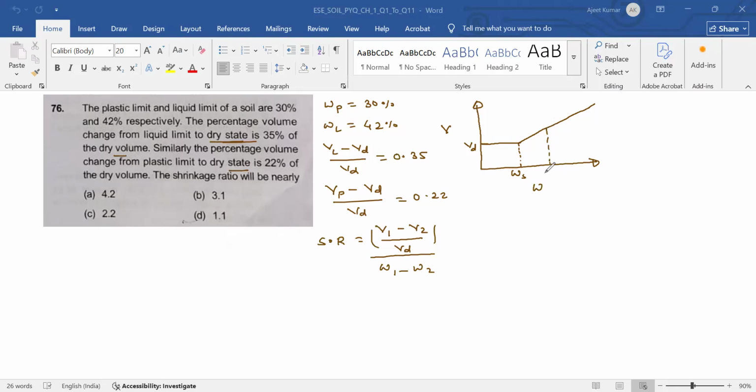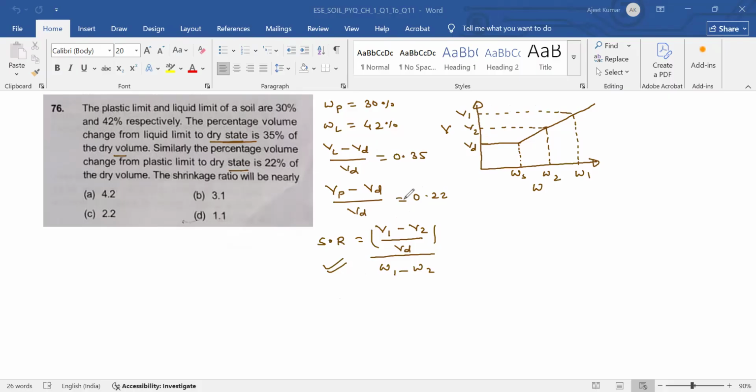If this is W2, the corresponding volume is V2, and corresponding to W1 water content the volume is V1. Then this will be the shrinkage ratio.